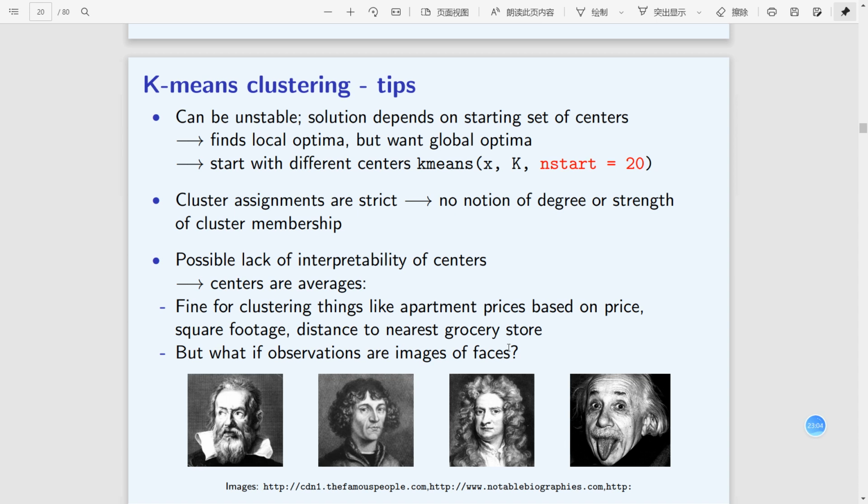So if you are in one class, you cannot be in another class. They are exclusive. Occasionally it is difficult to understand why this is the center, because the center is the average value of the distances within that cluster.